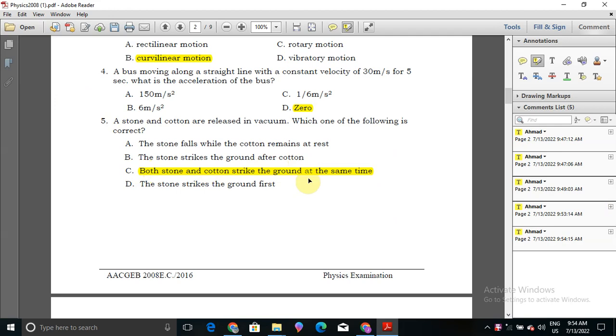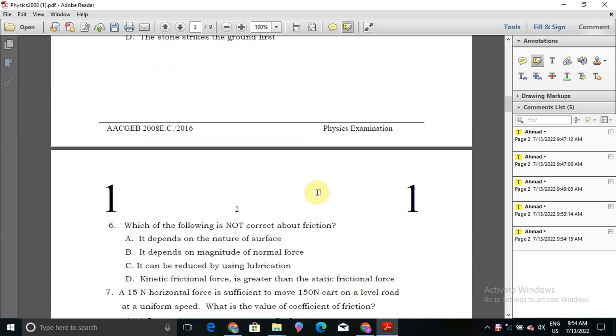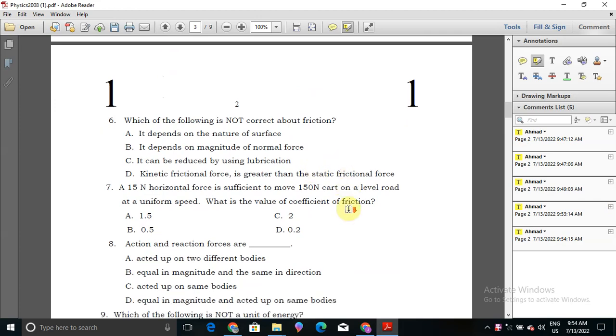Okay, now in question number 6, it says which of the following is not correct about friction? It depends on the nature of the surface. Yes, it depends. It depends on magnitude and normal force. Yes, it depends on both of them. It can be reduced by using lubrication.